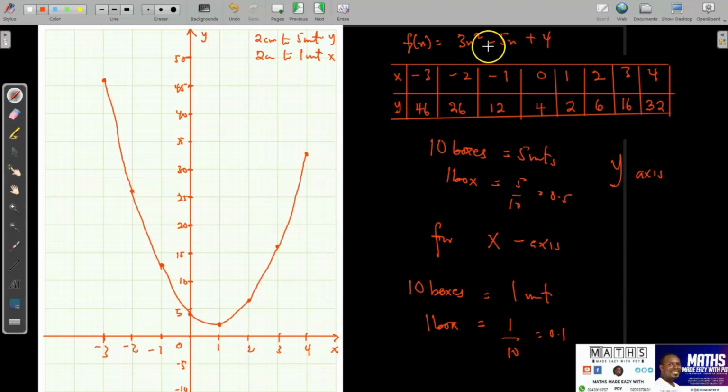Then we said that when the coefficient of x squared is positive, it gives us a minimum curve. So it confirms it. Our coefficient of x squared is positive 3, and it's confirming that it's a minimum curve. If the coefficient of x squared was a negative number, it would have been a maximum curve. But for this, we are having a minimum curve.